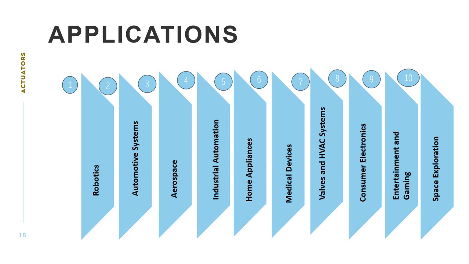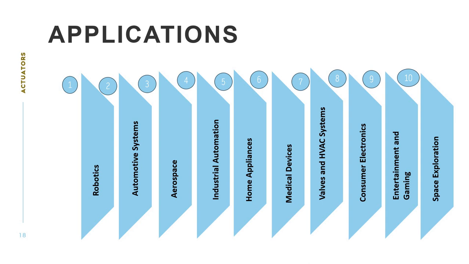And next comes industrial automation. It is very essential in factories where they control conveyor belts, robotic arms and other machines, streamlining production. They use actuators to improve efficiency.